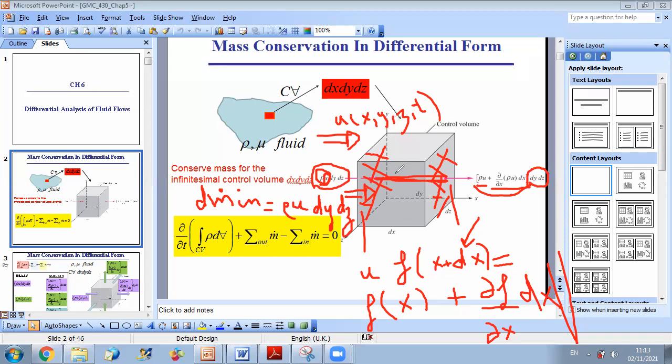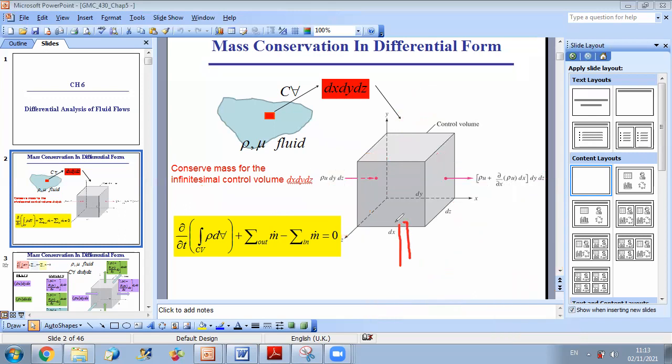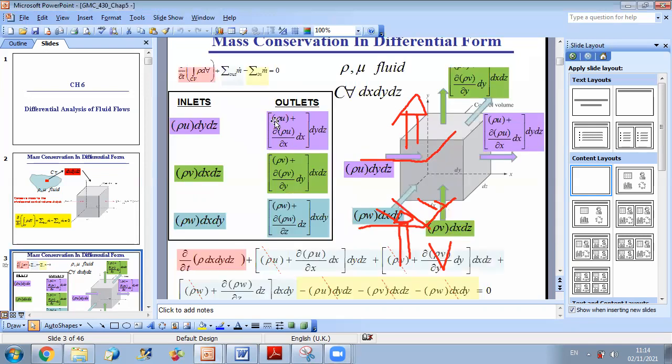We can do the same procedure to define mass flow rates along other directions. If you consider now along y, you have the v component of velocity, which will cross these surfaces. You have the surface here of area dz times dx, and the surface here also of area dz by dx. On the next slide, you have a presentation of all mass fluxes, all inlets and all outlets.